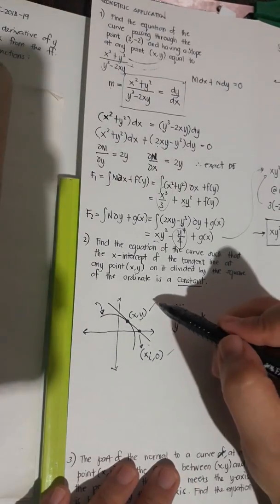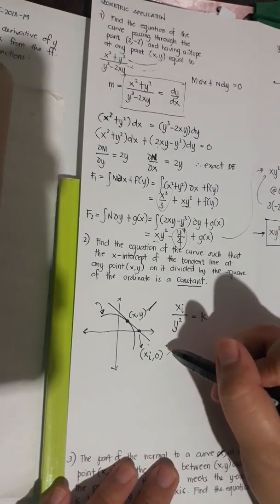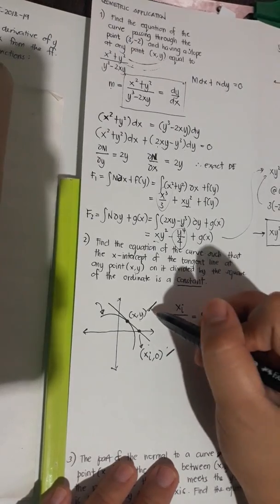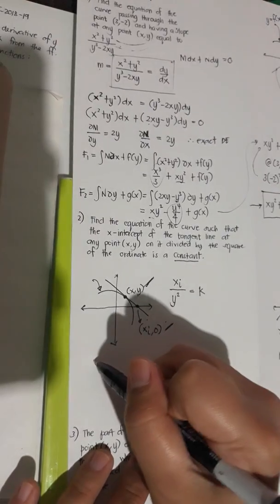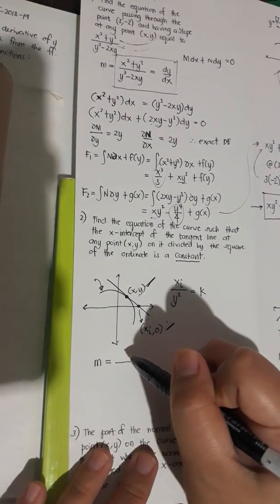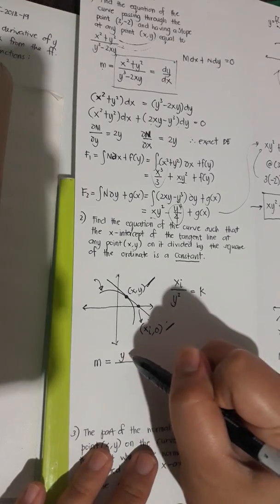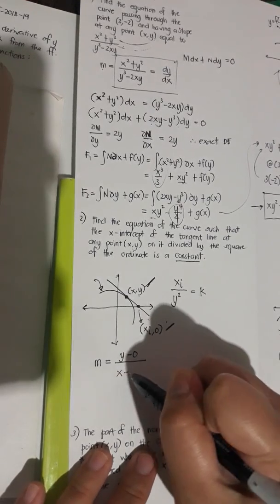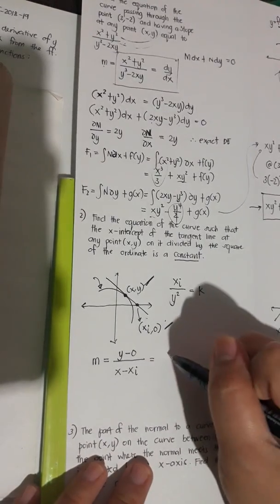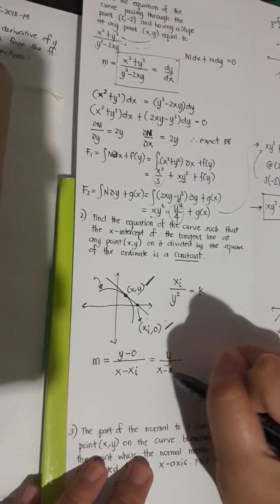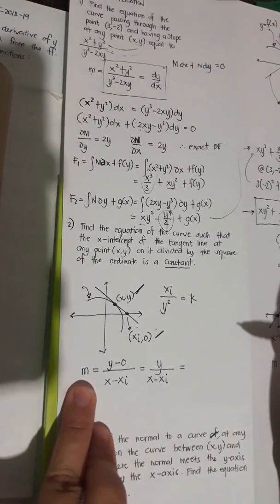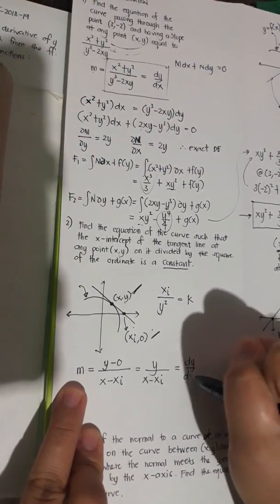So let us say this will be our first point, and this will be our second point, so that the slope of the tangent line is equal to y minus 0 over x minus xi. Or this is y over x minus xi. And this is equal to, remember, the slope of the tangent line, which is dy over dx.